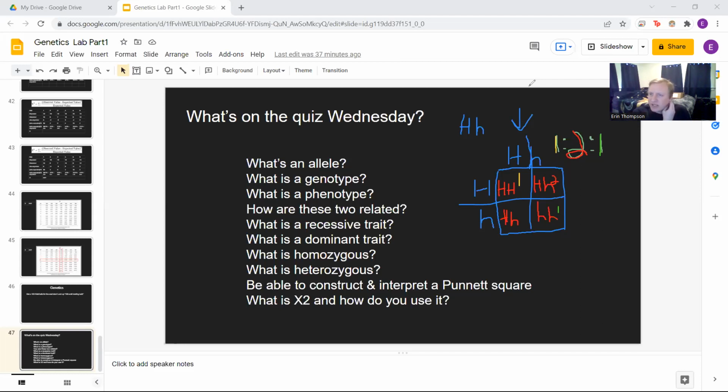This is different from our phenotypes, right? What's a phenotype? A phenotype is our observable characteristic. So in this case, this is actually a 3 to 1 ratio. Why is it 3 to 1 instead of 1 to 2 to 1?